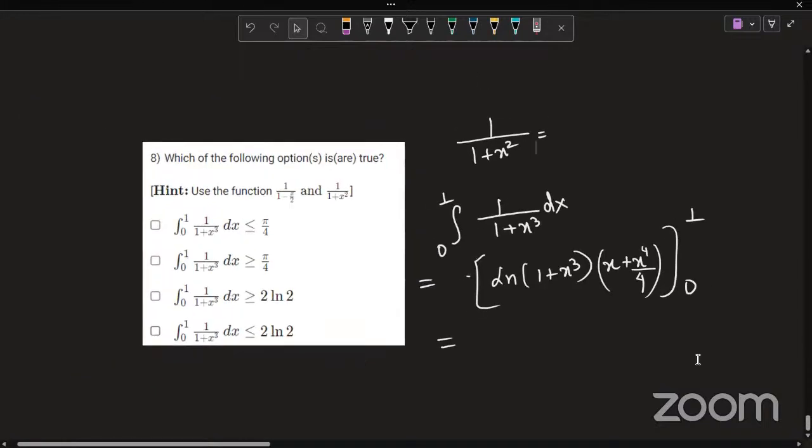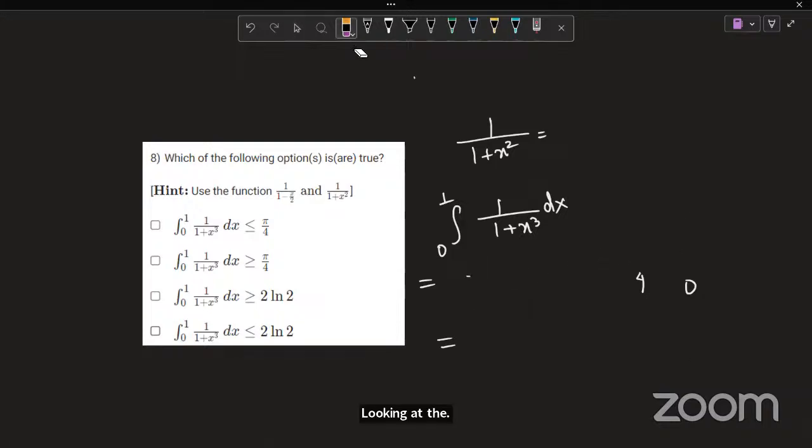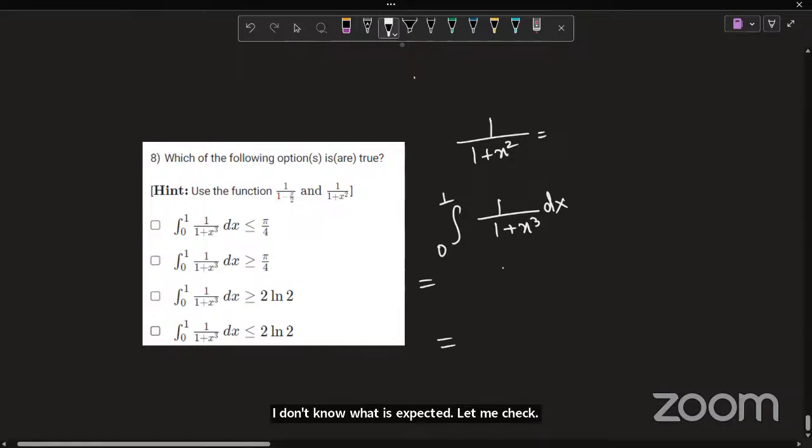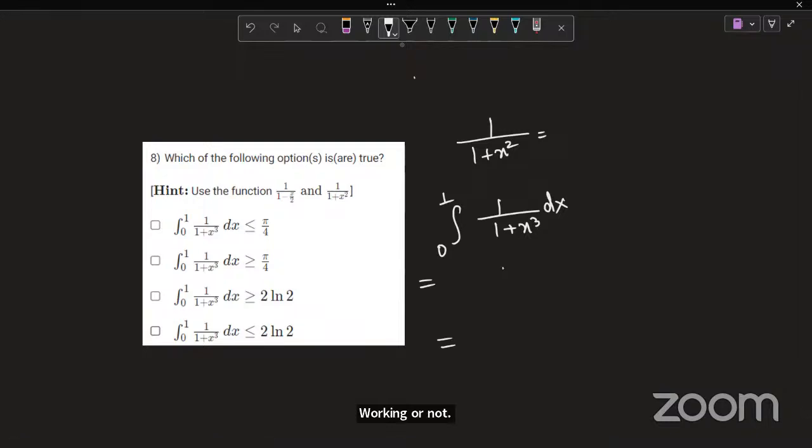Okay, let's check. I don't know what the expected value will be. Let me check. Okay, let's try to add. Is it working or not? I'm not sure about that formula.